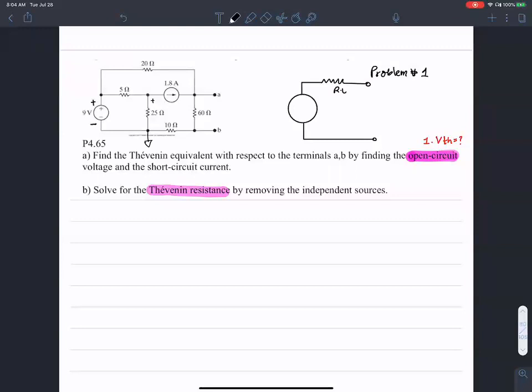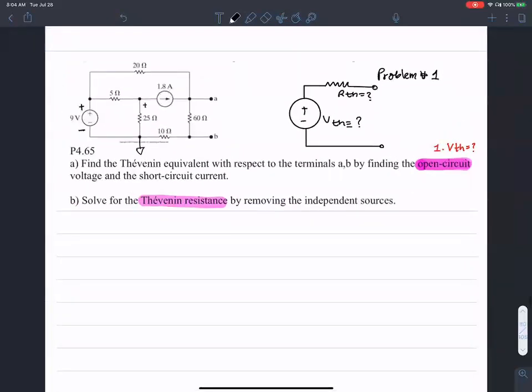So what is R Thevenin? What is this V Thevenin? Okay, so that's the problem. Find out V Thevenin, find out the open circuit voltage, and find the Thevenin resistance.